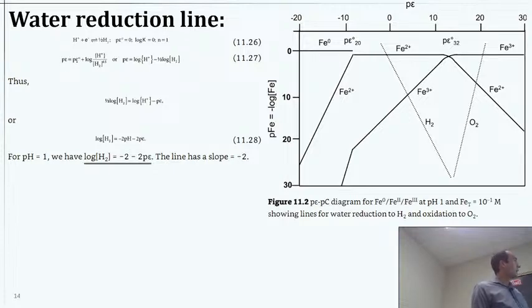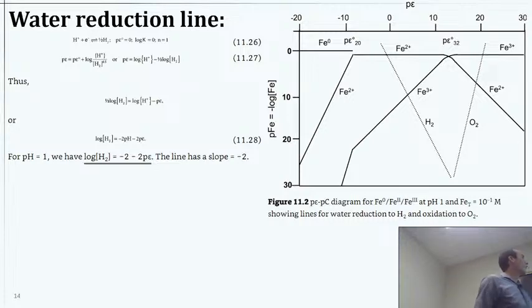And so we can get a PE value here. And based on that, we can write or describe this as log of H2. So the log concentration of hydrogen H2, so the elemental form, is going to be equal to negative 2 pH minus 2 PE.